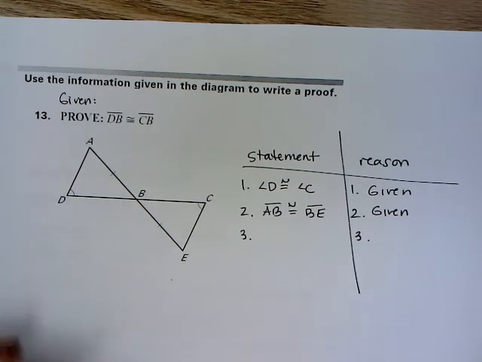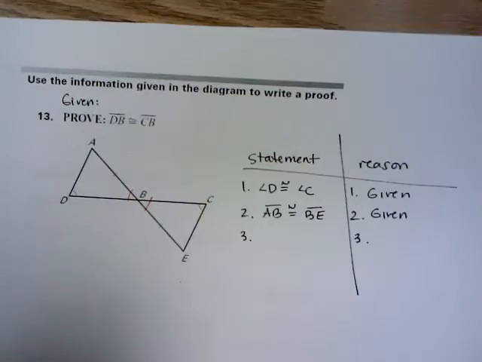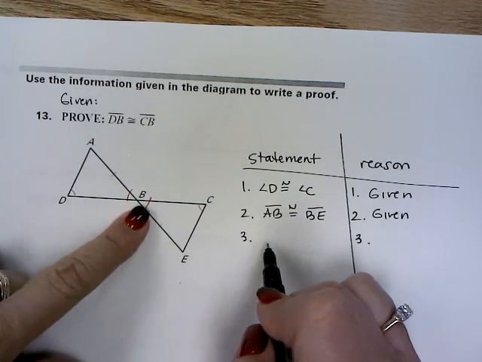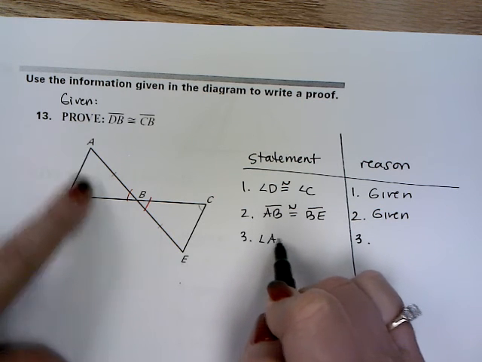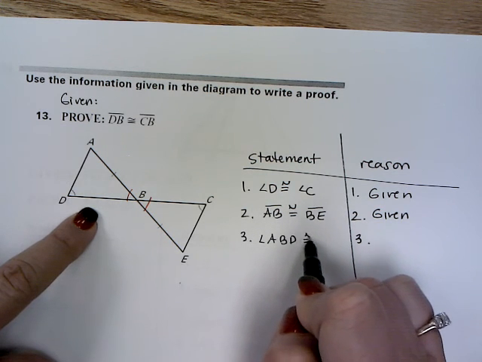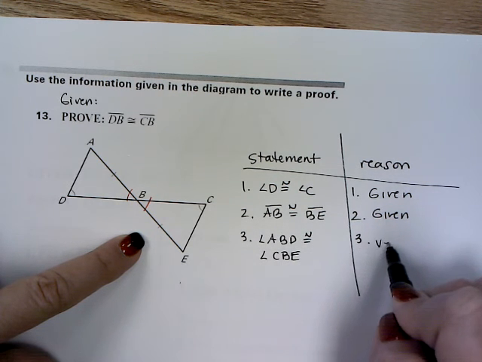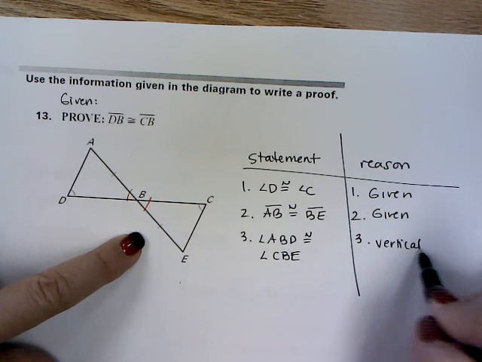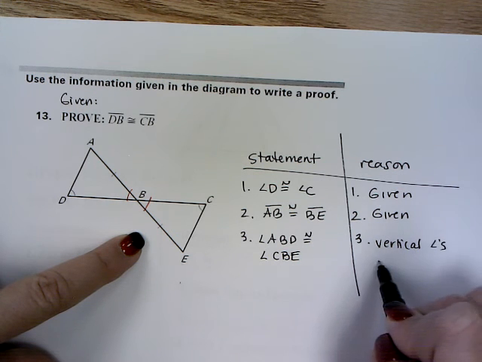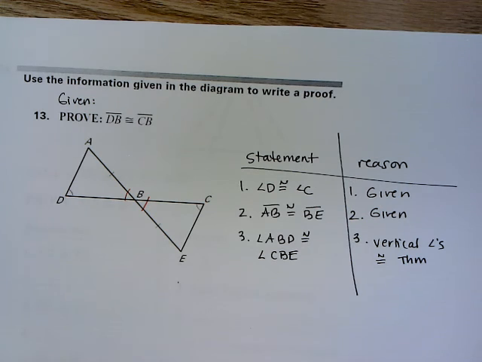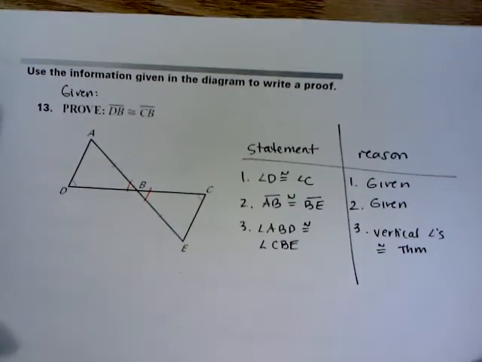All right, automatically, I've got an angle in the middle. Bam, bam. I've got a vertical angle going on. Again, I can't just say angle B. Vertical angle congruence theorem, or you can just state vertical angles are congruent, which is what the theorem states.